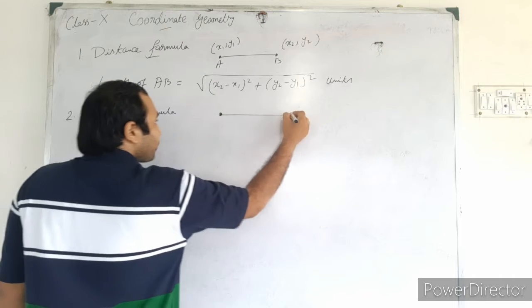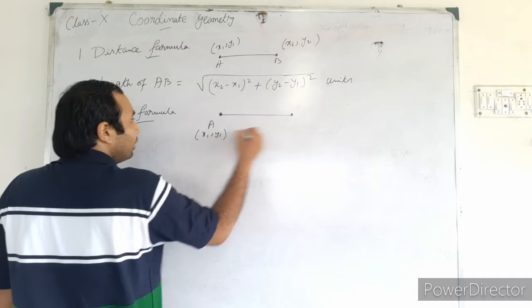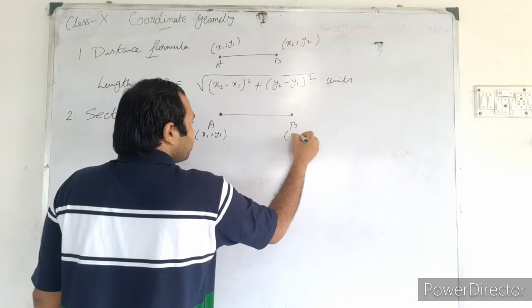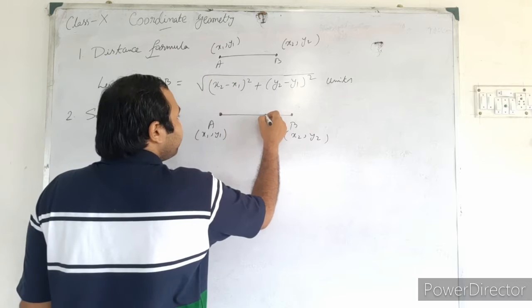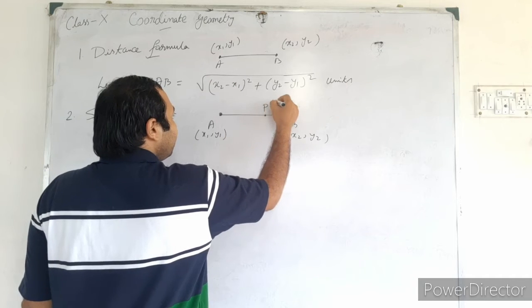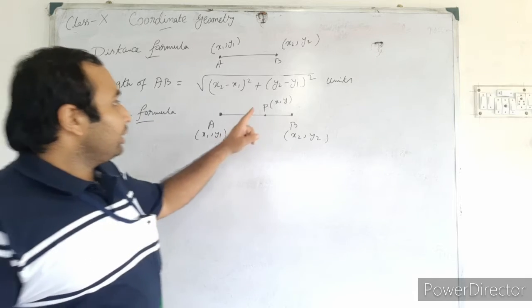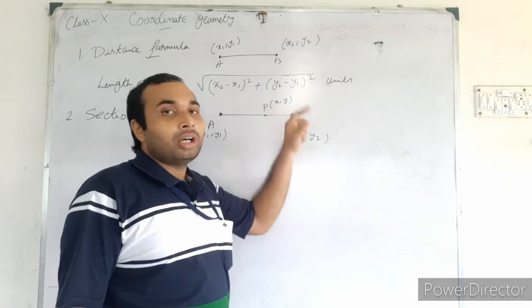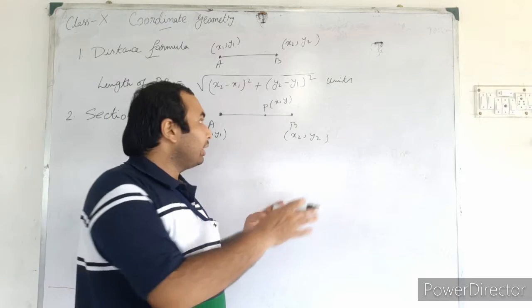If A (x1, y1) and B (x2, y2) are the two points, and we take one point P over here and name it (x, y), then you have to find the value of x and y. This type of question comes, lots of questions are there.